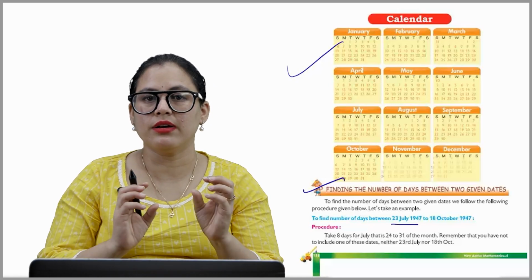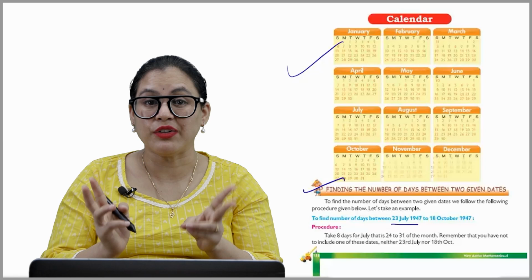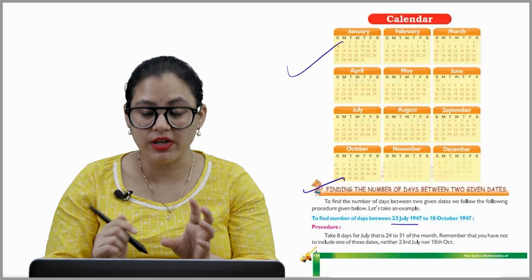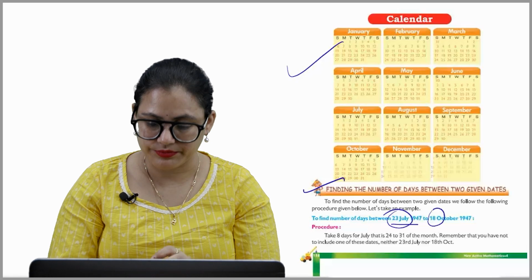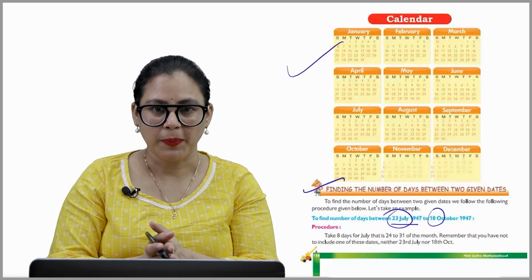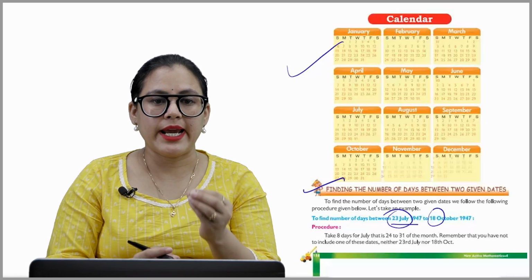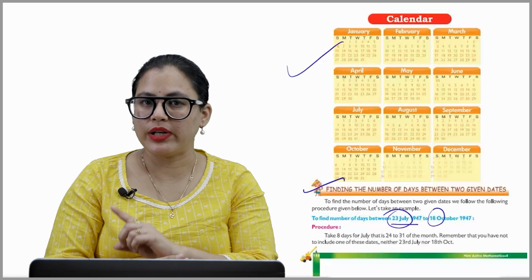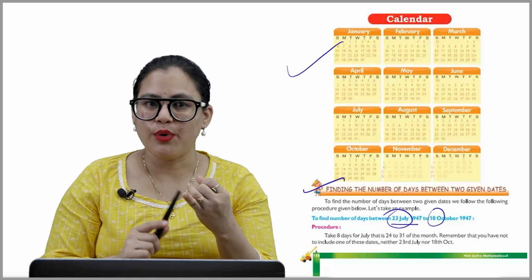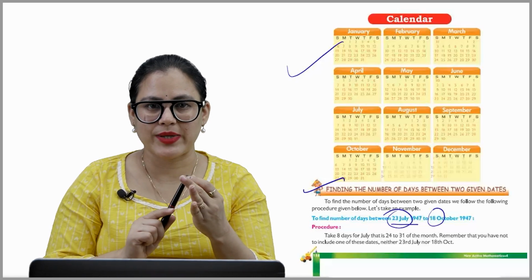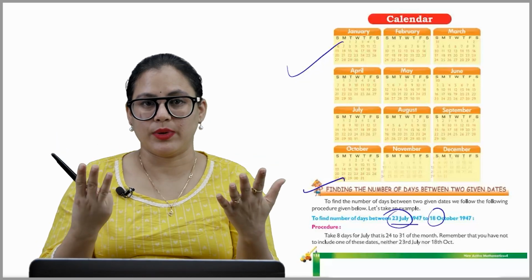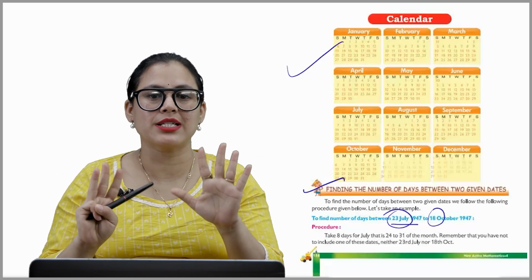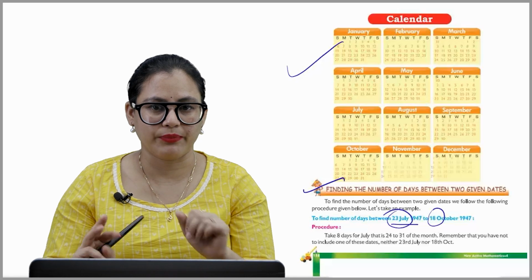Whenever we are finding days between two dates, we will not consider the first date as well as the last date. So we'll take 8 days for July. How? We'll not include 23, then 24, 25, 26, 27, 28, 29, 30, 31. So 8 days are remaining in July.